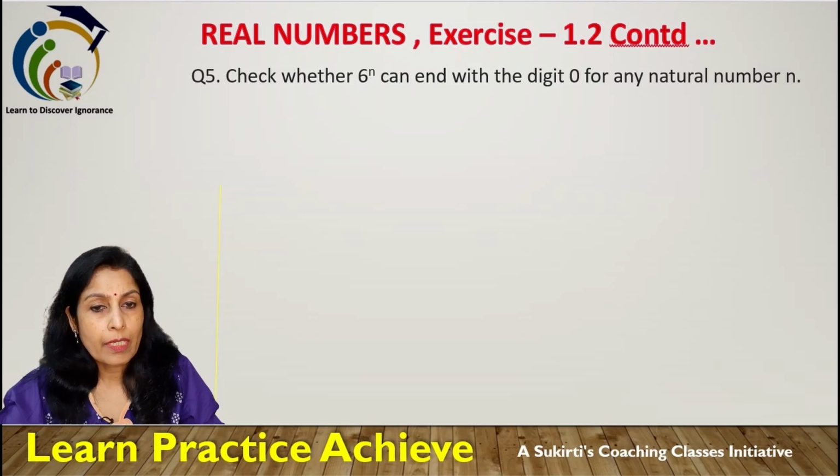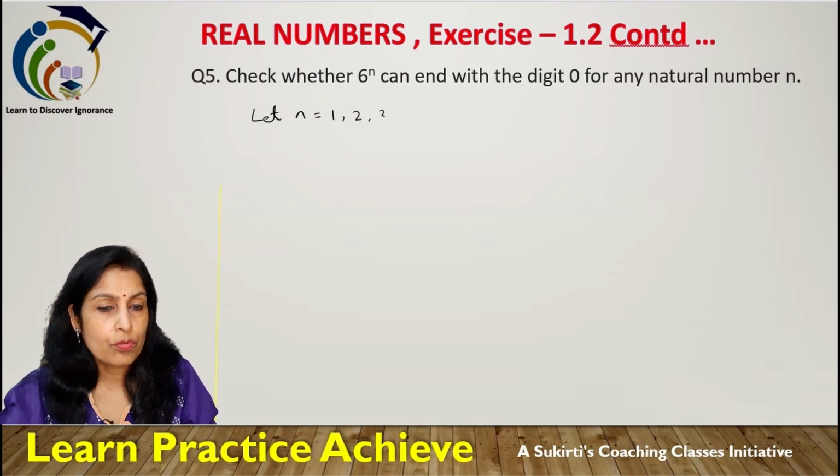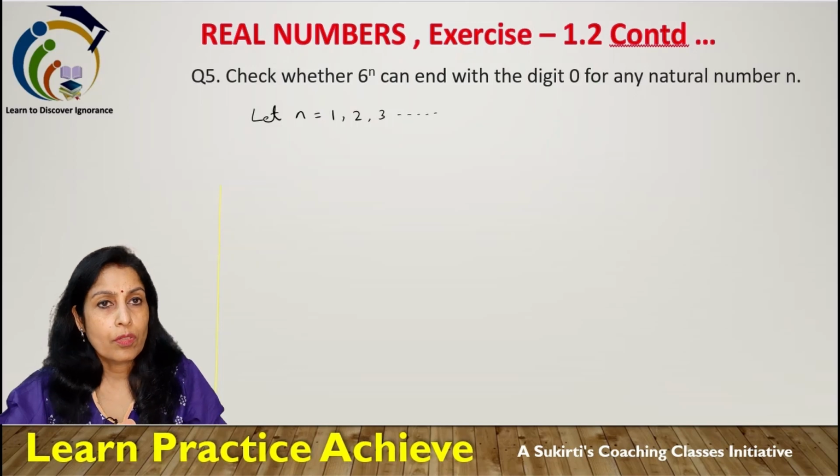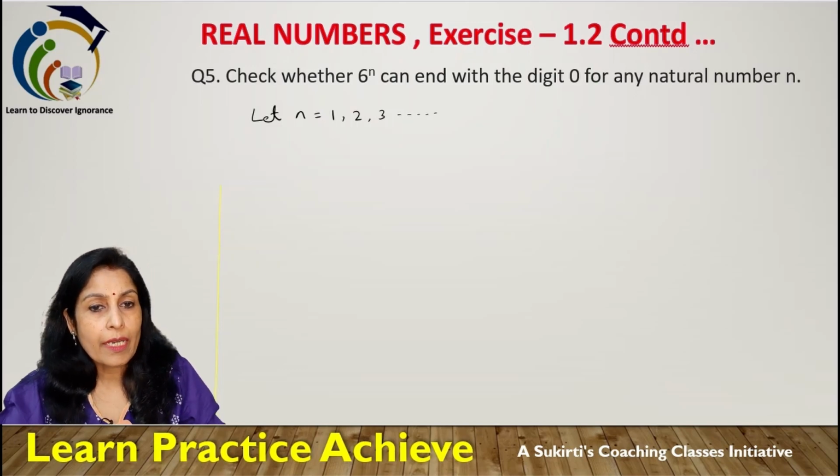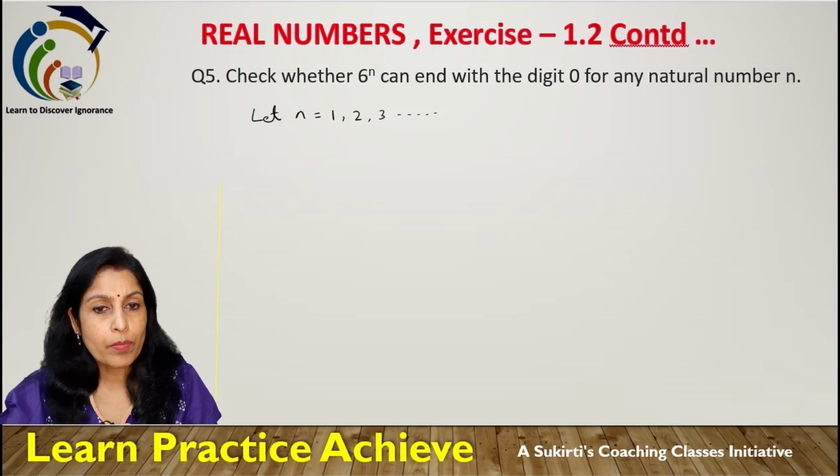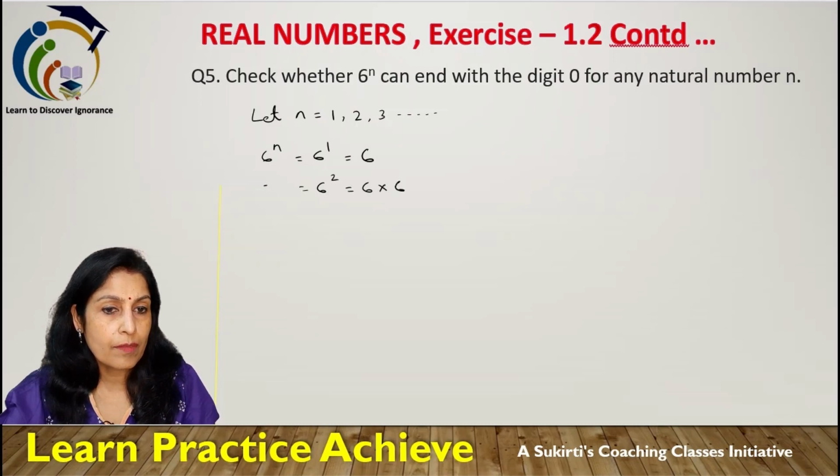So first of all, let n be equal to 1, 2, 3, and so on. If we take n equal to 1, then 6 to the power n is equal to 6 to the power 1, that is equal to 6. If we take 6 to the power 2, that is 6 into 6, equal to 36.